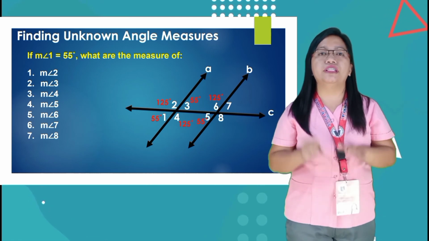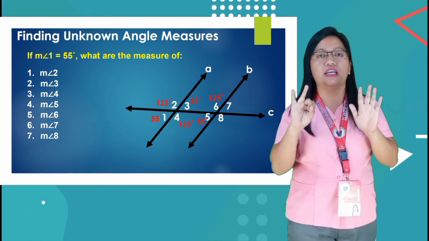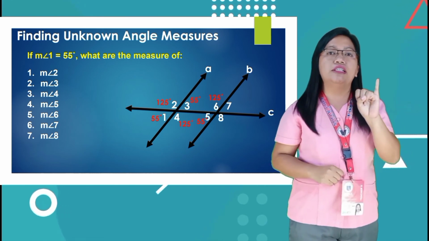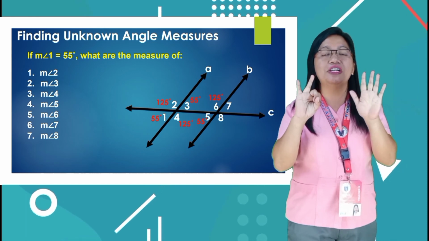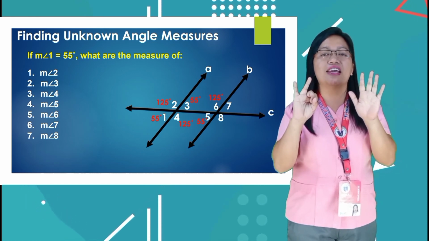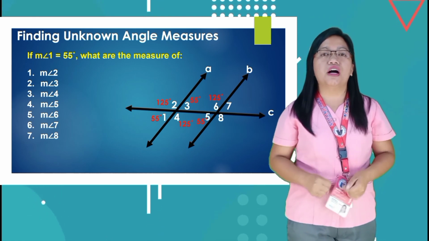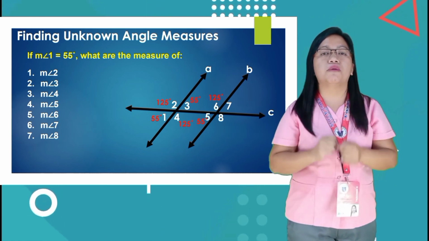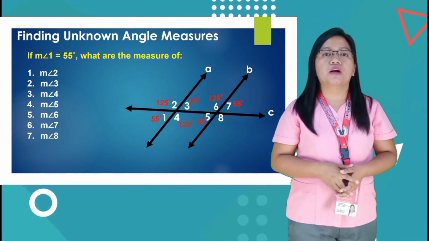Okay, for number 6, what is the measure of angle 7? If angle 1 and angle 7 are alternate exterior angles, then they are congruent. Therefore, the measure of angle 7 is equal to 55 degrees.